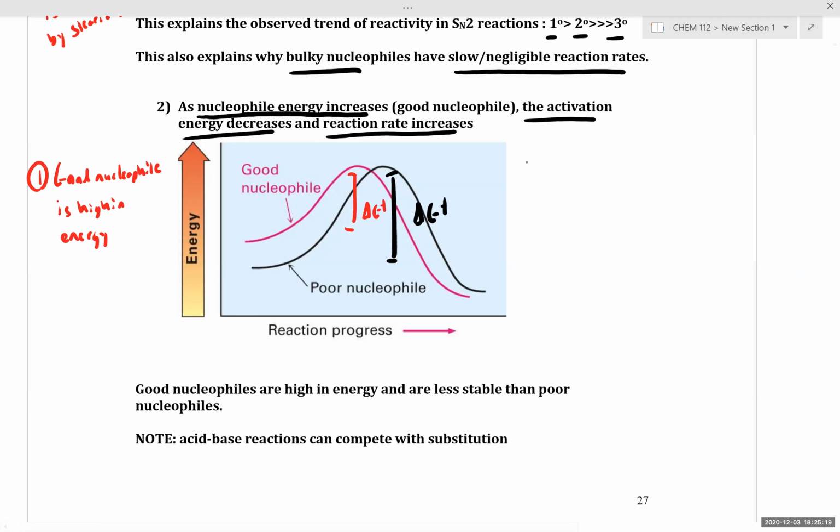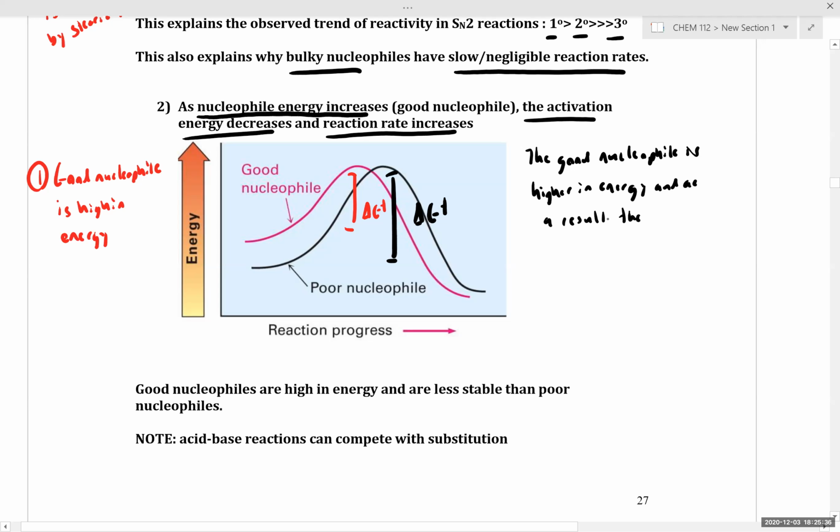The good nucleophile. The good nucleophile is higher in energy, and as a result, the activation energy is lower, and the rate of reaction is faster.